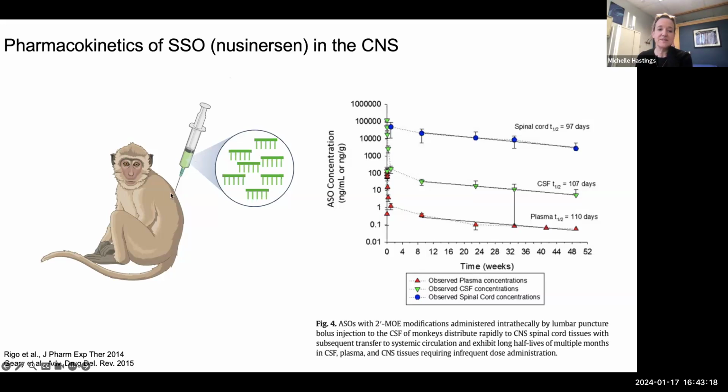It was given to NHPs, and what you can see after a single injection, in the spinal cord in particular, is that after 52 weeks you still have high activity of that oligonucleotide. The ASO concentration is still very high, with a half-life of about 97 days. You can also see it stays circulating in the CSF and in the plasma, although that is very quickly lost and then stabilized.